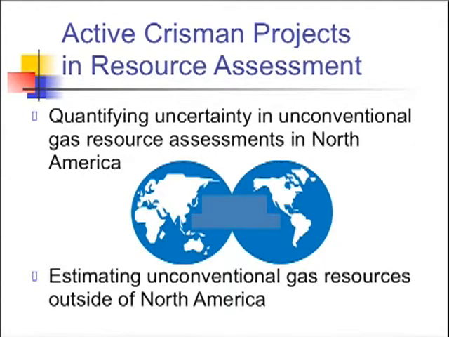And second, then estimating the unconventional gas resources outside of North America, particularly in countries where there is a near-term need to begin to develop these resources. And some of our sponsors are international operators, but some of them have focused their activities mostly in North America in the past and are looking now to begin to expand in their unconventional resource development throughout the world.